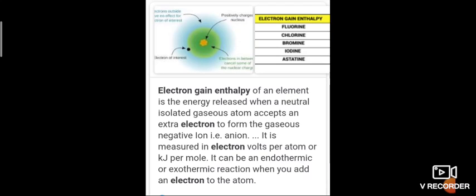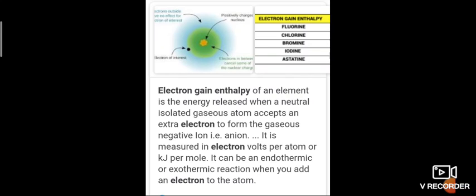Exothermic means negative electron gain enthalpy. Endothermic means when you add an electron, it absorbs a large amount of energy. More energy is needed to add an electron. So that is known as endothermic electron gain enthalpy. For endothermic electron gain enthalpy, delta EGH is positive.